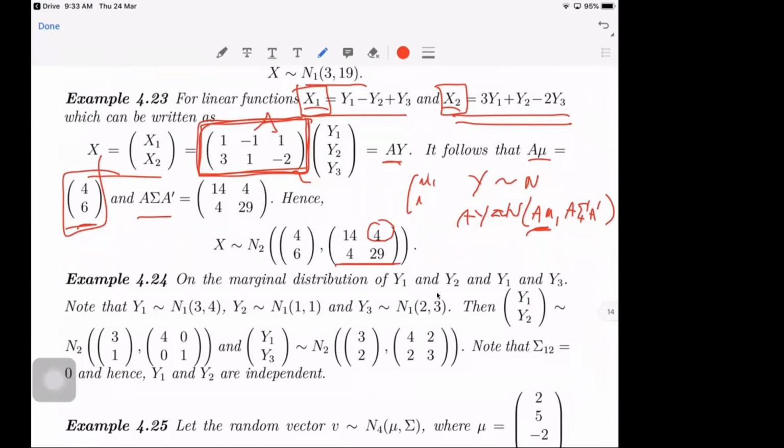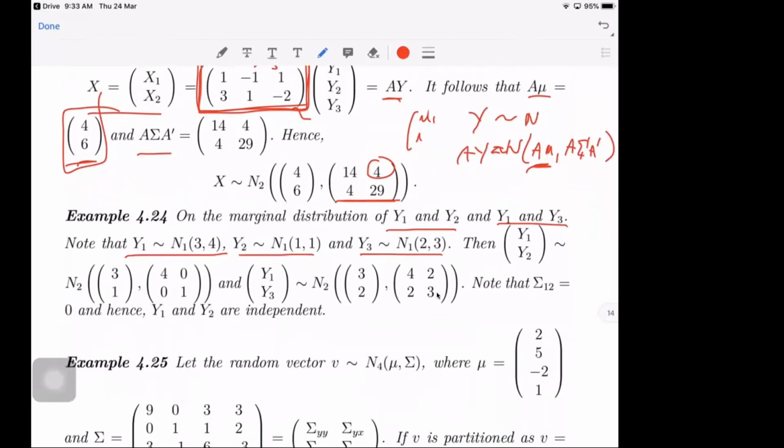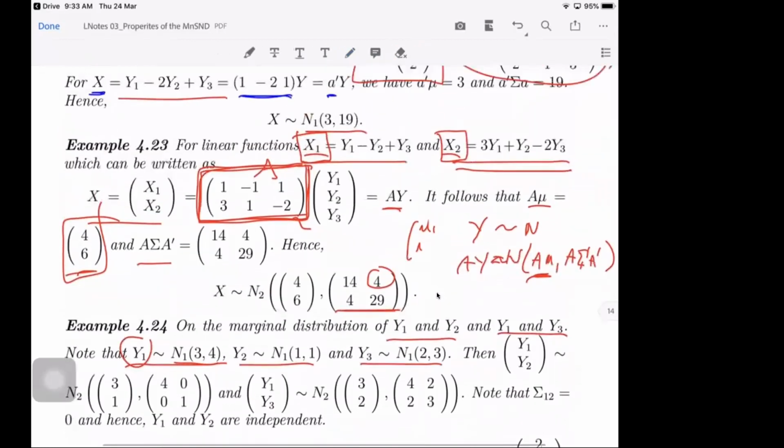Okay, so with respect to marginal distribution, we use the derived formula earlier. So if we have Y1 and Y2 here, and Y1 and Y3, and we have this specific distribution. Where did you get that? Why can you say that Y1 is normally distributed with mean 3 and variance 4 here?